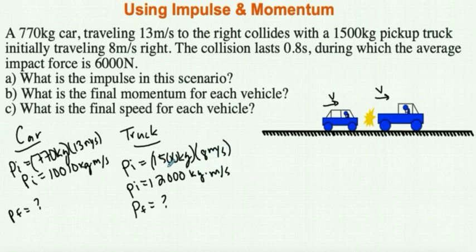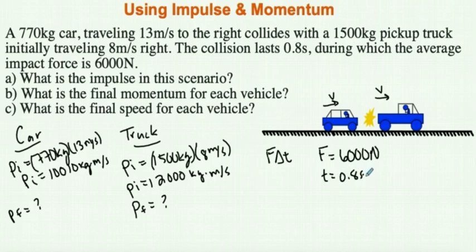Okay, so now this one is worded a little bit differently than the last one. So it says, what is the impulse in the scenario? Well, remember, impulse is just force times change in time. And in this question here, we are given an average force of 6,000 newtons in the scenario, and then the time of the impact is 0.8 seconds.